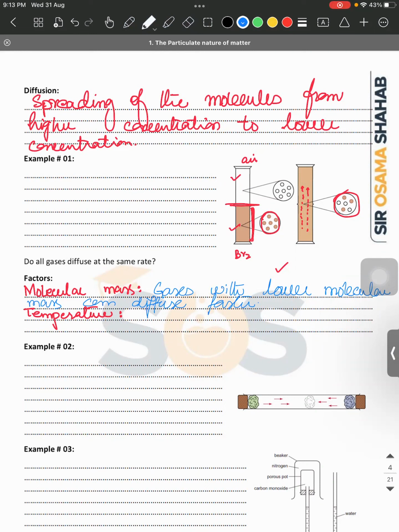So you can say that gases at higher temperature can diffuse faster, right, bacho? Is that right? Yes, sir.